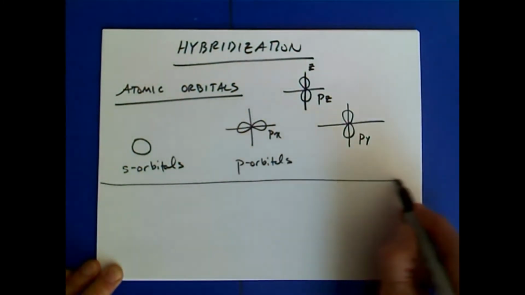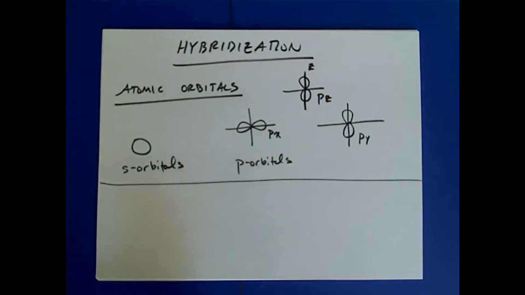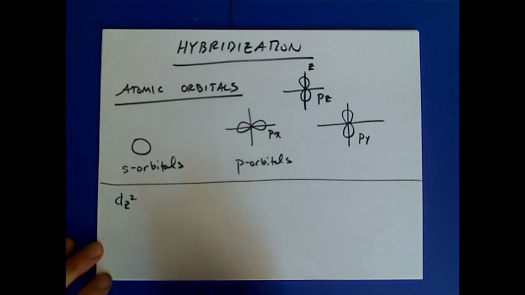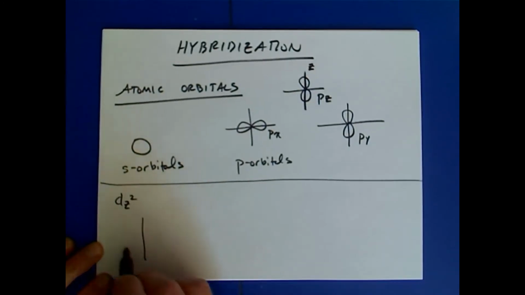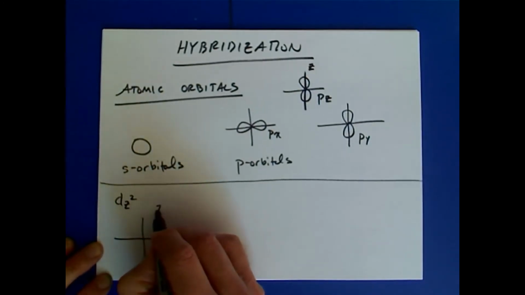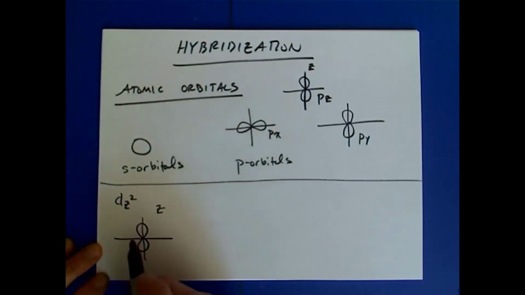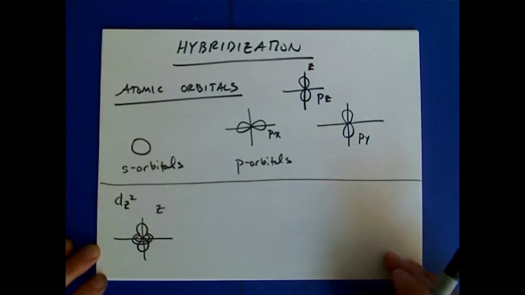There are also some d orbitals that we're going to need to review. There's the dz squared d orbital, in which, if we take the z-axis, there's a double lobe that looks like a p orbital, and then there's a donut shape that runs around that p-shaped orbital.